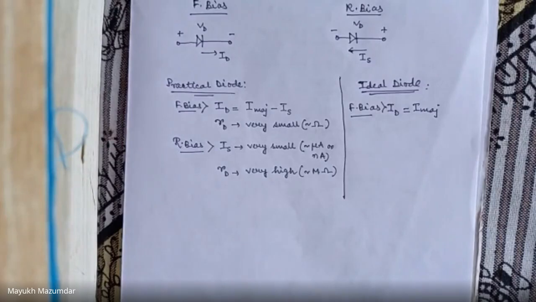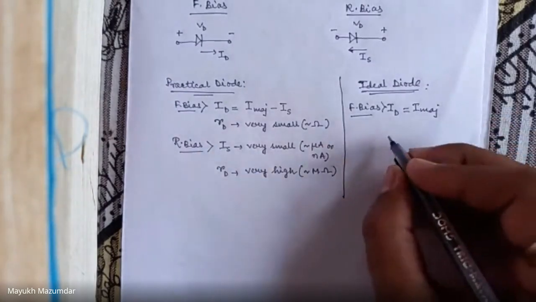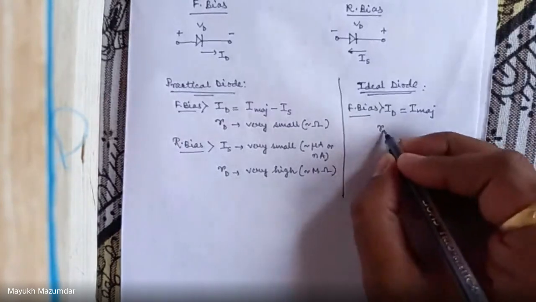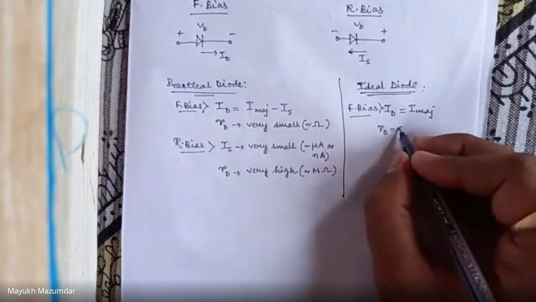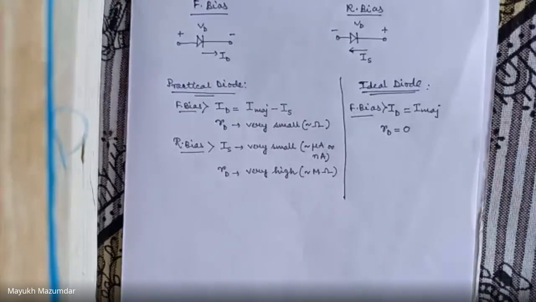Nothing problematic with that. What is important is that the ideal diode will have no resistance in the forward direction. Got it? What will happen if there is no resistance in the forward direction? All the current flows through it. Exactly, very good. All the current will flow.